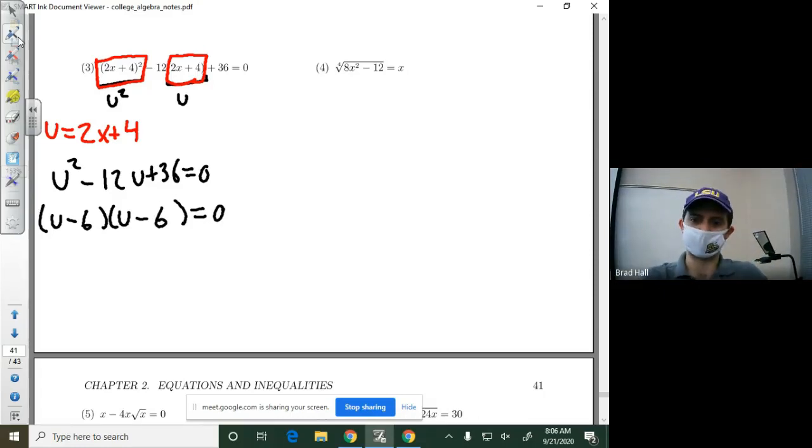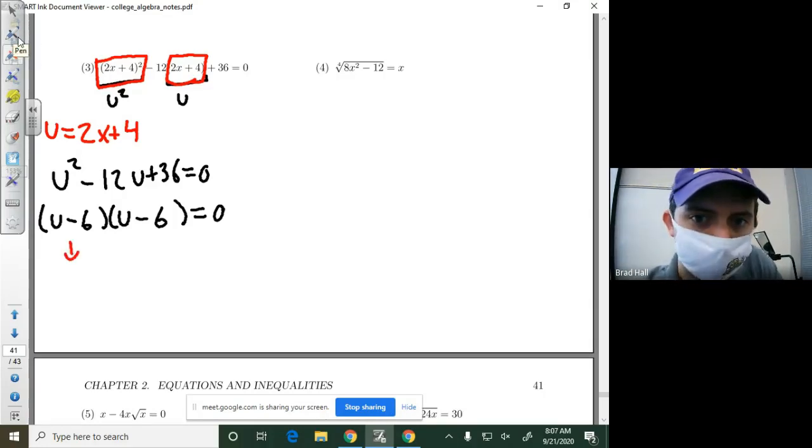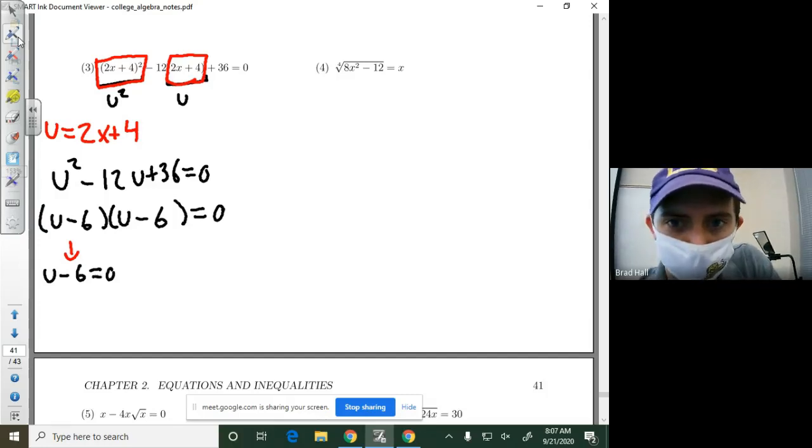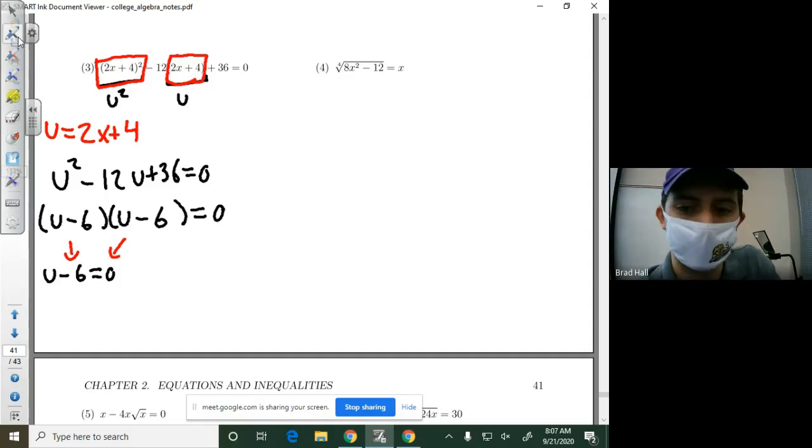They multiply together to give us positive 36 and add together to give us negative 12, so that's pretty good. This tells us that U minus 6 is equal to 0, really in both cases, so you get one answer. U is 6.